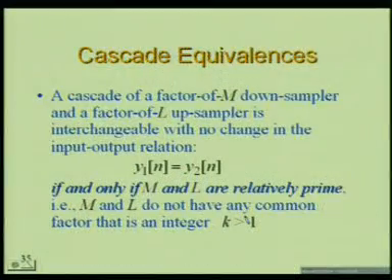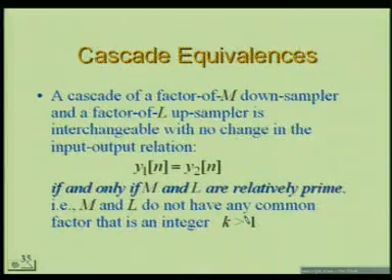Two different sequences. A cascade of a factor of M downsampler and a factor of L upsampler is interchangeable, as we have seen, with no change in the input output relation.